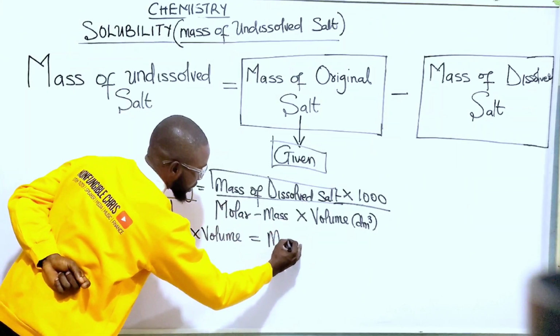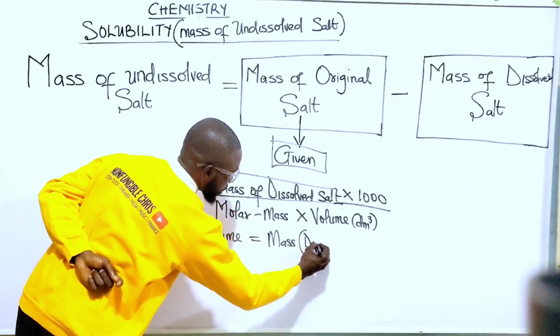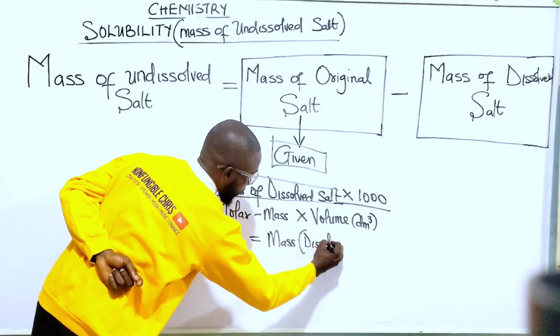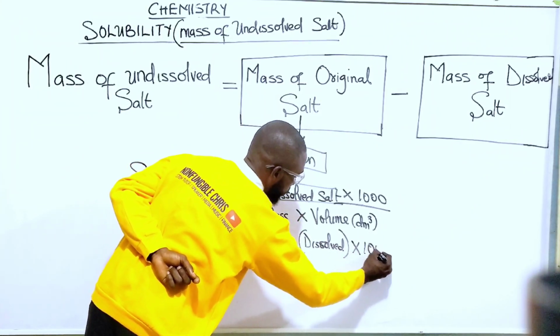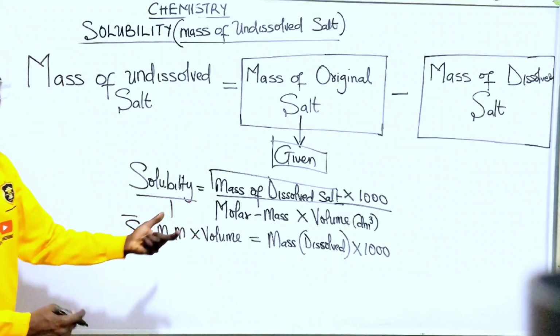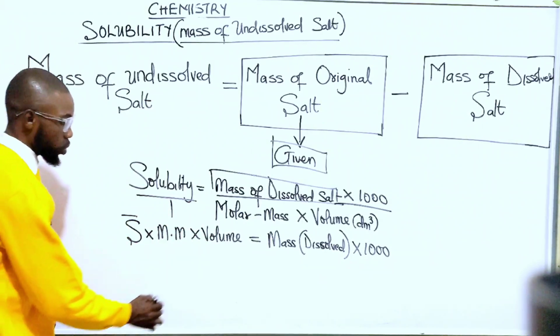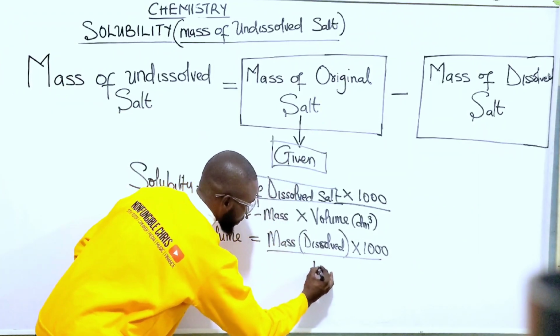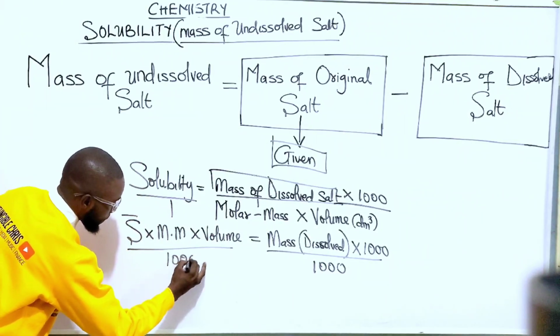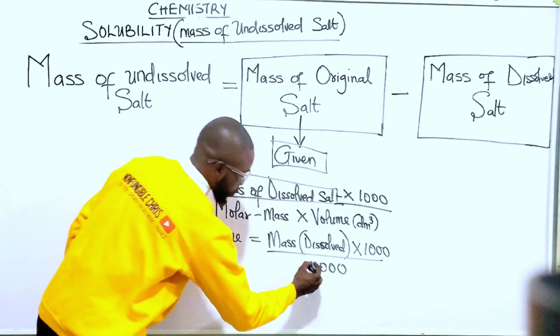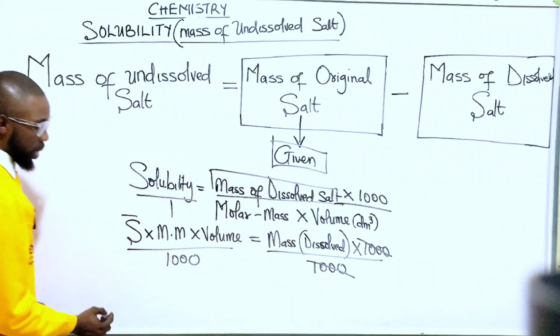Our mass of dissolved salt times 1000, right? Since we are looking for the value of the mass of dissolved salt, we simply divide both sides by 1000, so that the 1000 here will take out the 1000 here.